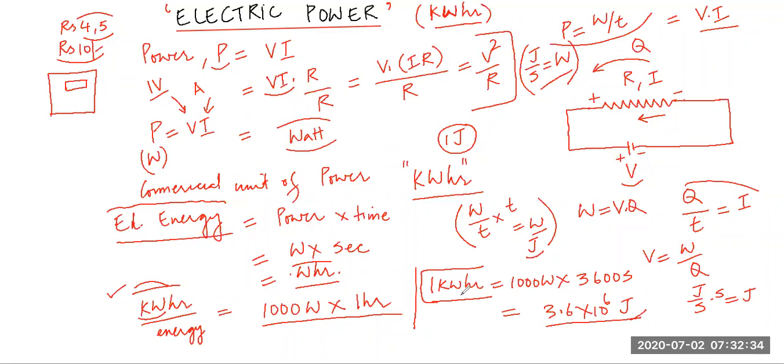when the electrical devices in the house which are rated at 1 kilowatt work for 1 hour.